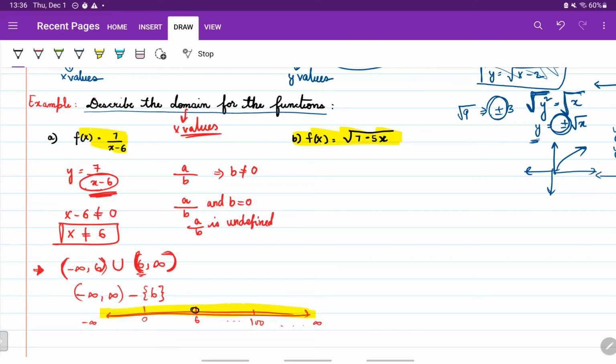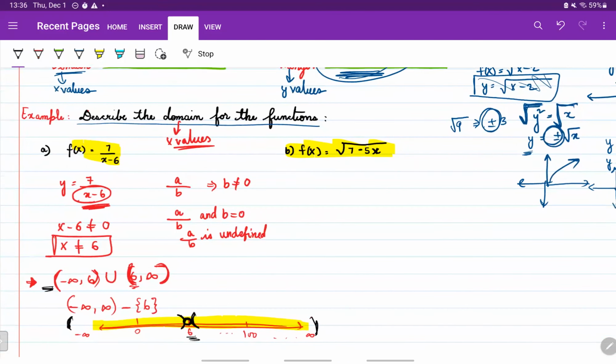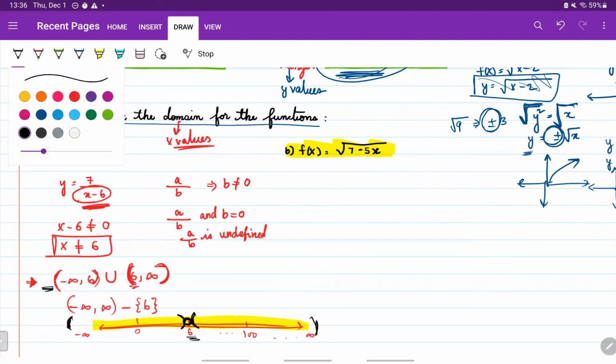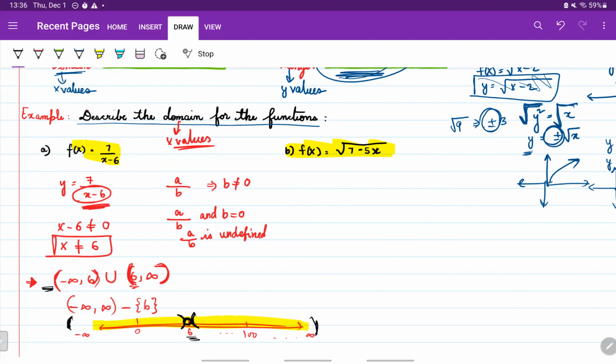So you have an open circle here and everything else. This notation here means that you have negative infinity to 6, and then from 6 to infinity. So except for 6, it's all the other values. Okay, so that is the end of the first bit here.